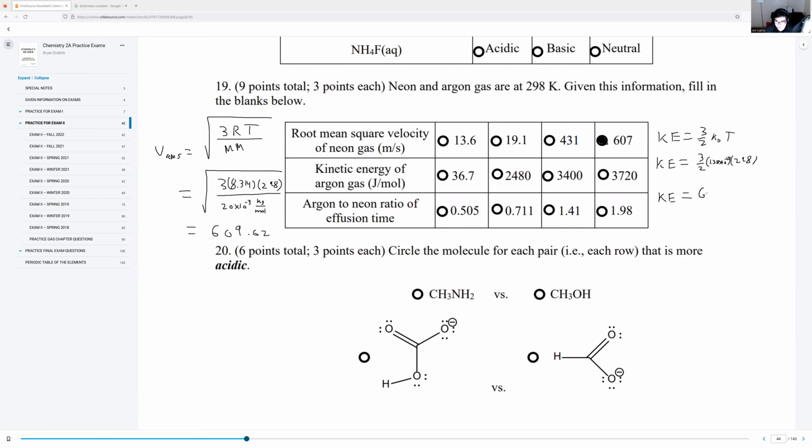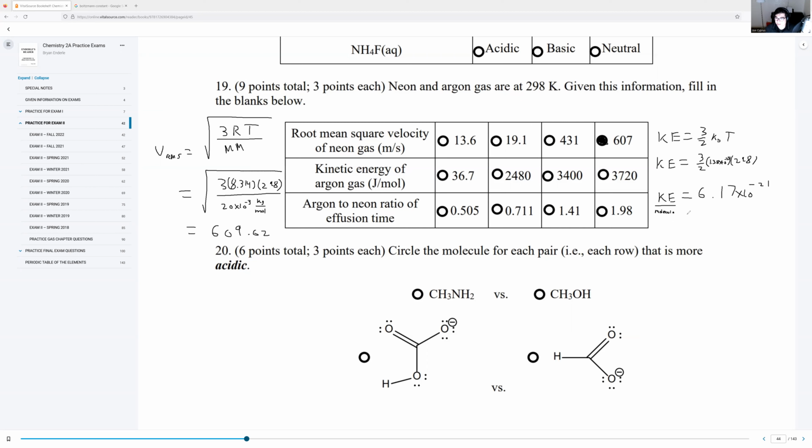And then this is 6.17 times 10 to the negative 21. This is the average energy per molecule of gas. So again, this is kinetic energy per molecule. Just keep that in mind.